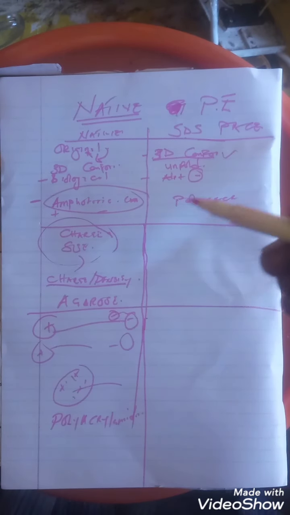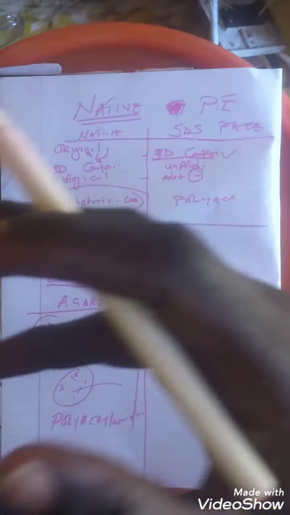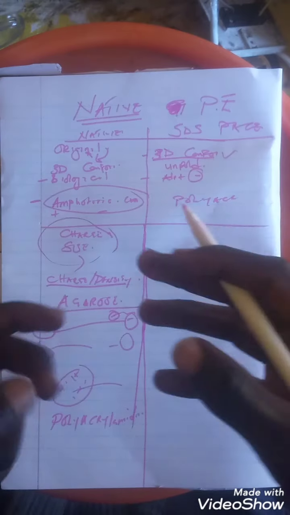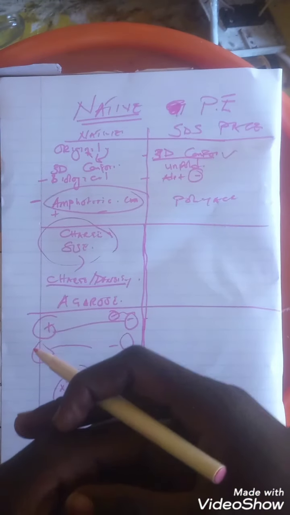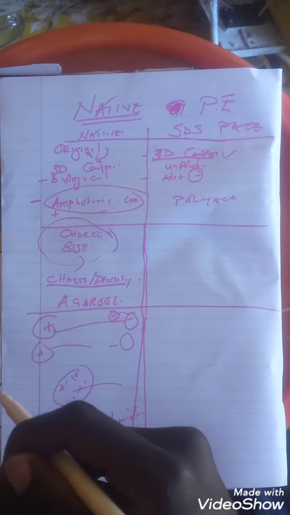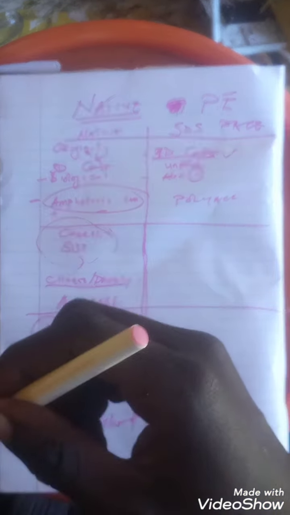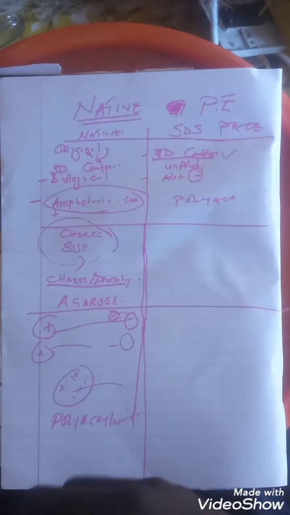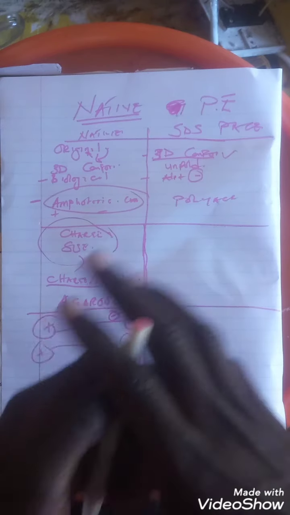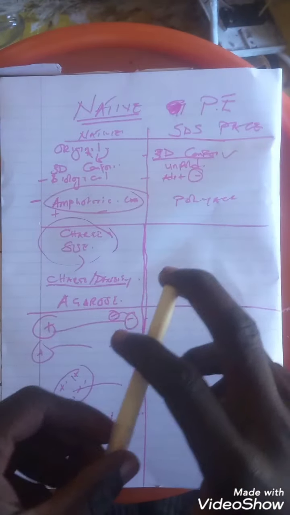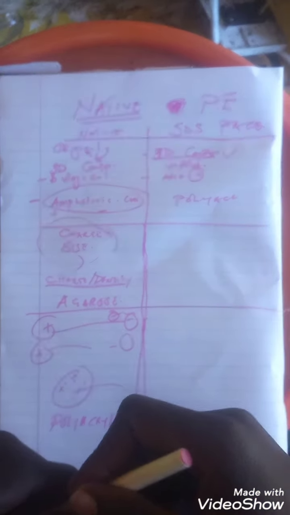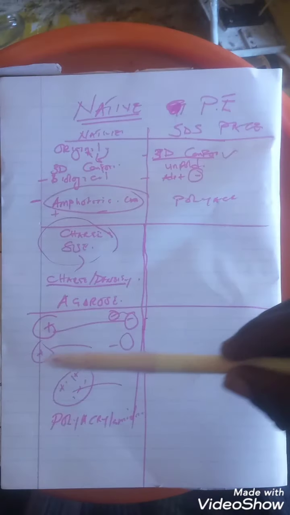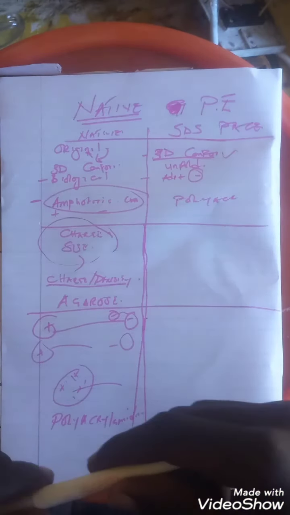And based on their charge, if they are more charged, then the migration will be quick. If they're less charged than the others, the migration will be a little bit slower. And we've looked at the concept of electroendosmosis, which is a phenomenon where we get proteins migrating to the wrong end of the electrode. A negatively charged protein, which is slow moving, migrating to the negatively charged electrode, is not supposed to happen under normal circumstances.